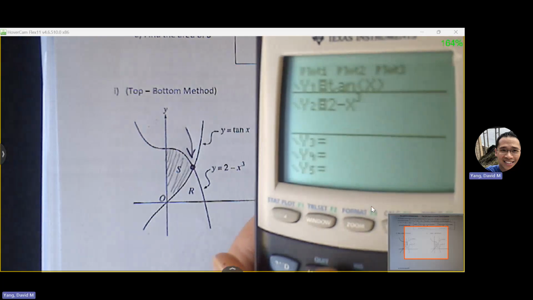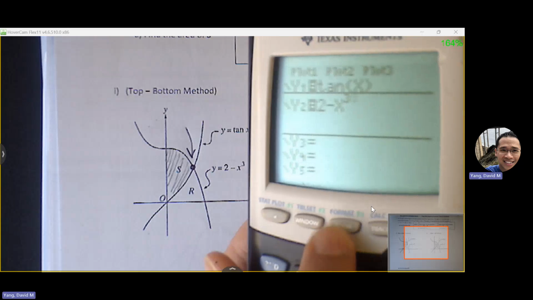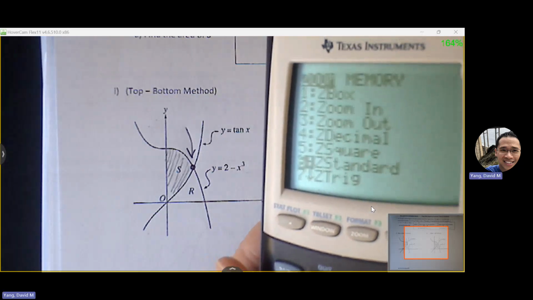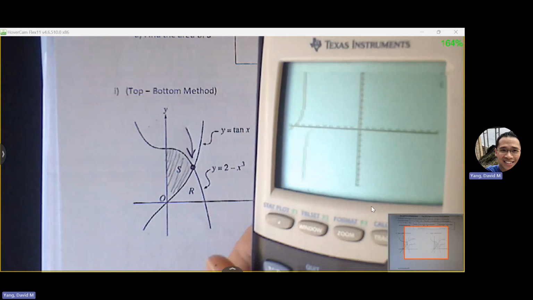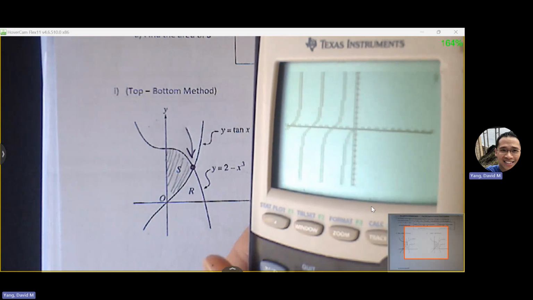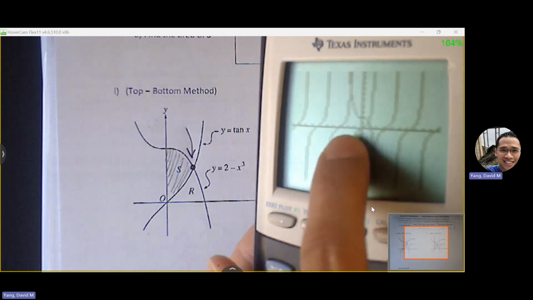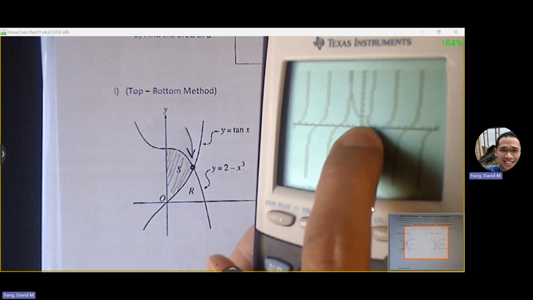I'd like to start off with zoom 6. It's probably going to be too far. We're probably too zoomed out. Yeah, so we're just looking at that little region there.